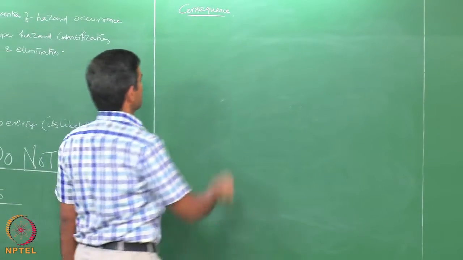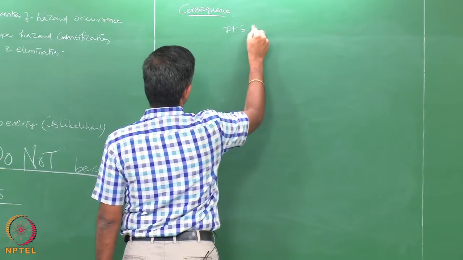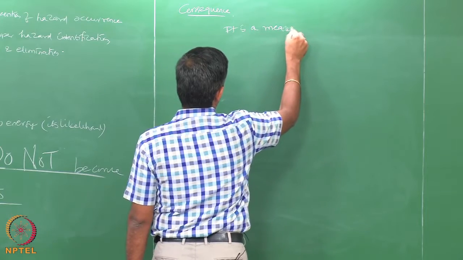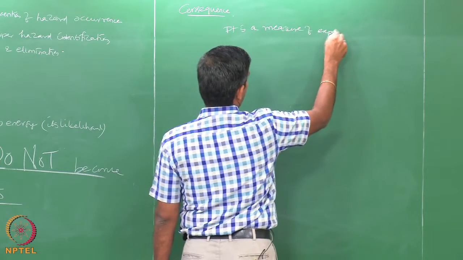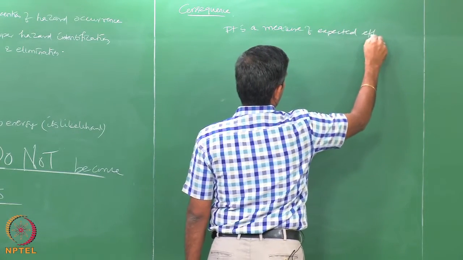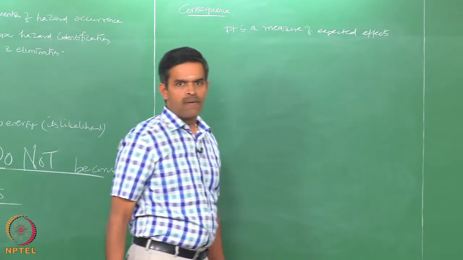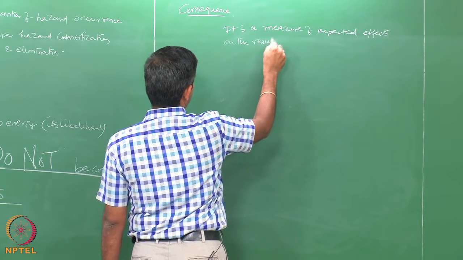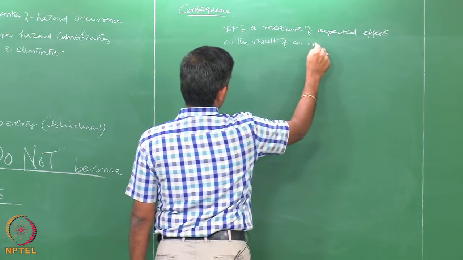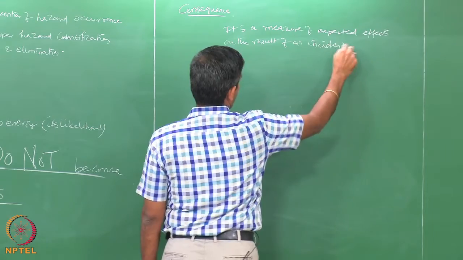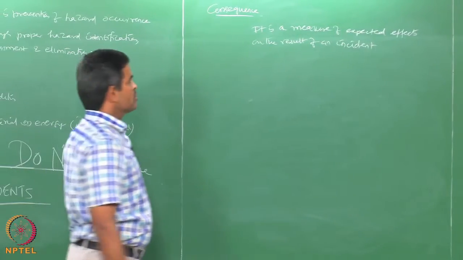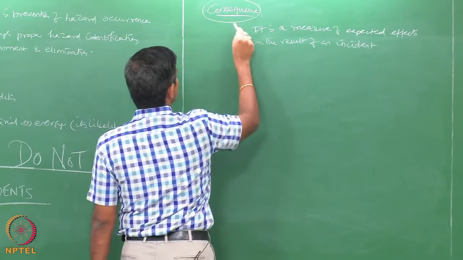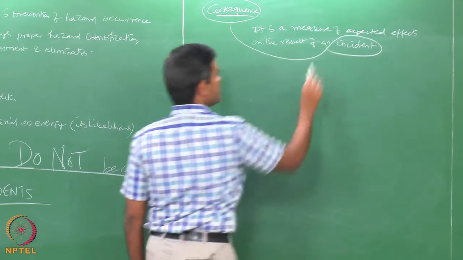Consequence is a measure of expected effects on the result of an incident. So, consequence is initially related to incident.